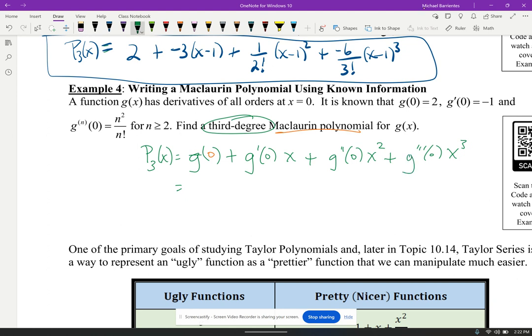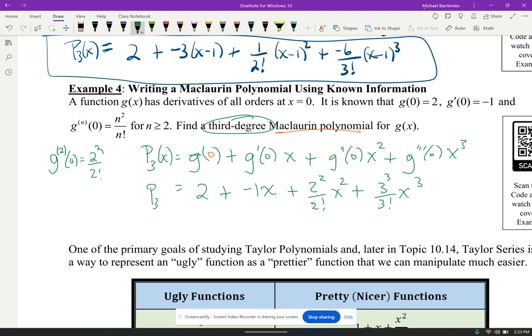So g of 0 we know is 2, plus the first derivative at 0 is negative 1x, plus the second derivative of 0. Now it says, and for n's that are greater than or equal to 2, we now use this formula. So this formula says if you want to find the second derivative at 0, then just use this formula to figure it out. So I'm just going to write it the way the formula says. X squared plus 3 cubed over 3 factorial times x to the 3rd.